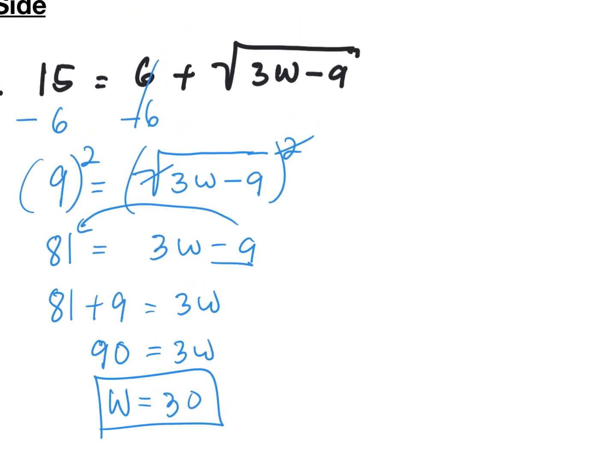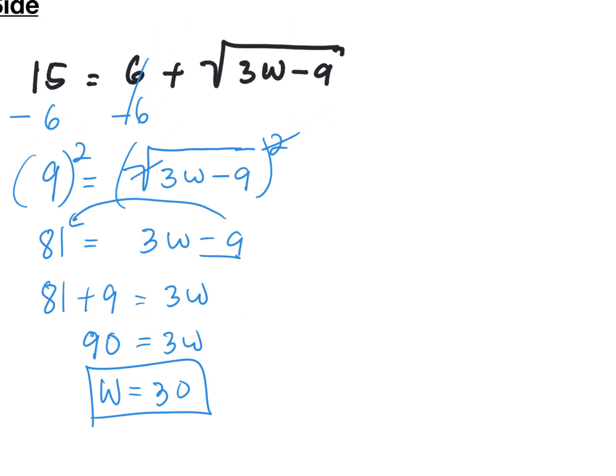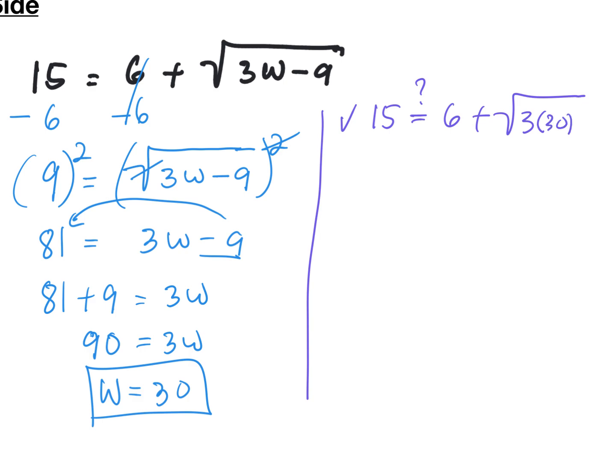As we have done earlier, we have to recheck our answer. So let's recheck. Here, 15, is it equal to 6 plus the square root of 3 times 30 minus 9? 3 times 30 is 90. 90 minus 9 is going to give you 81.